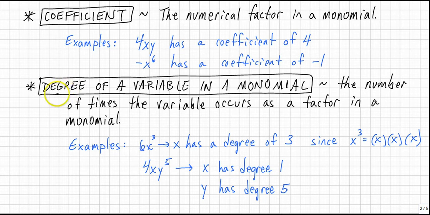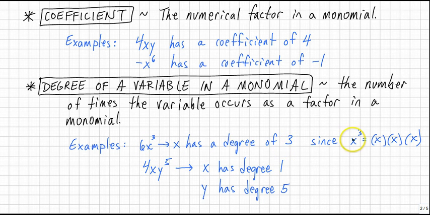Well, we can also refer to the degree of the variable or variables in a monomial. And when we refer to the degree of one of the variables in a monomial, it's the number of times the variable occurs as a factor in the monomial, which sounds scary, but it's not too bad. So for example, 6x to the 3rd, we would say that x, which is the variable, has a degree of 3.